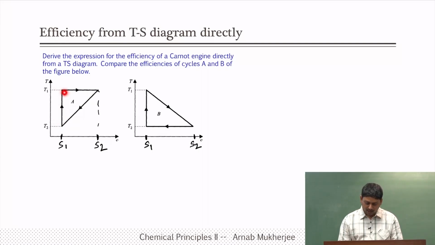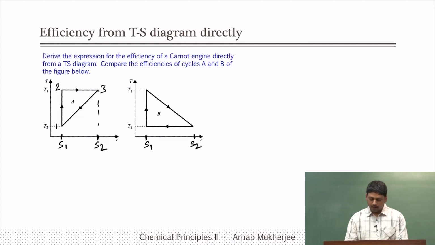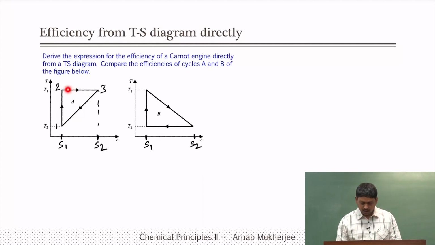Let us write the points as 1, 2 and 3. Between 1 and 2, entropy change is 0, and 2 to 3 is where entropy increases at constant temperature. So it is basically an isothermal expansion process in which heat comes in. Our Q in is this, and obviously 3 to 1 is our Q out.